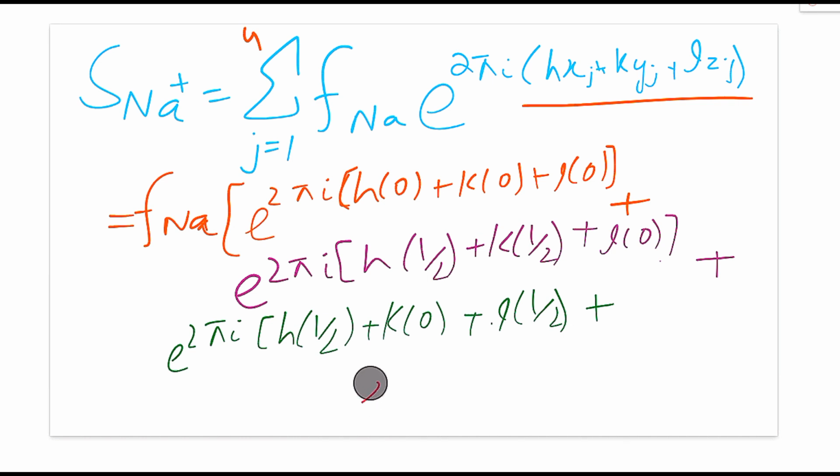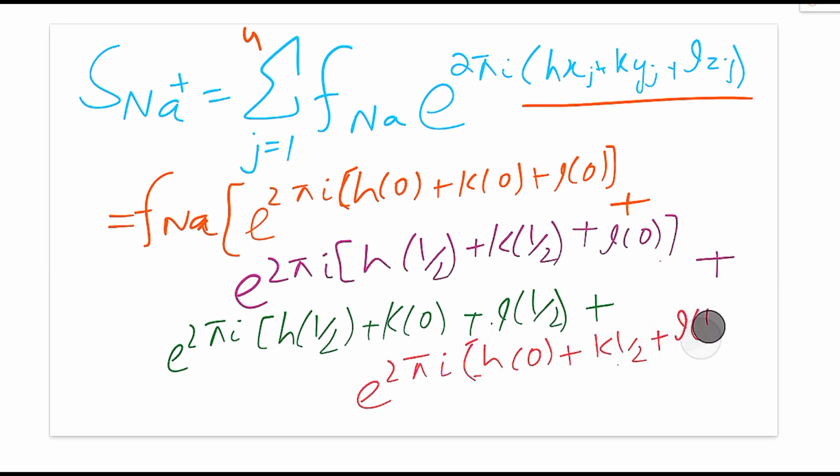So 2 pi iota, h 0, k 1 by 2, l into 1 by 2, and we can close this bigger bracket that we started here.